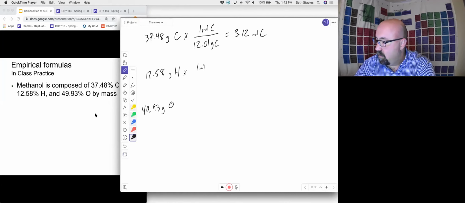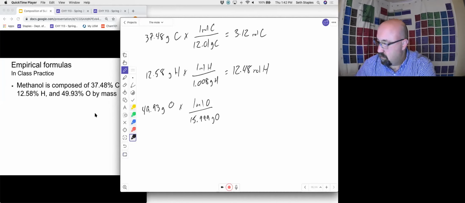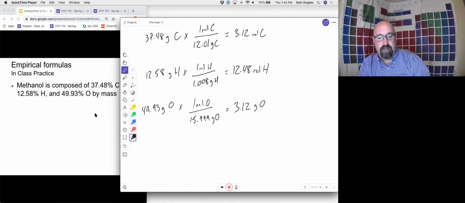Hydrogen, 1 mole of hydrogen to 1.008 grams of hydrogen gives us 12.48 moles of hydrogen. Then finally oxygen, for 3.12 grams of oxygen. So there's step 2. Now we've converted all of these to moles.